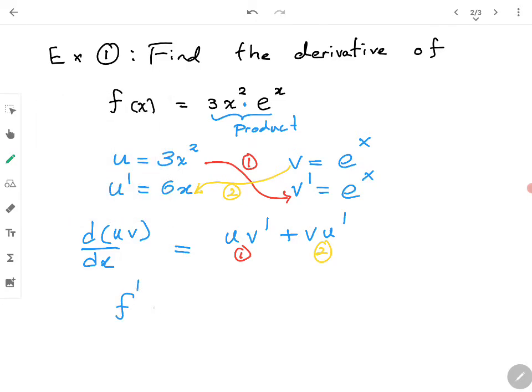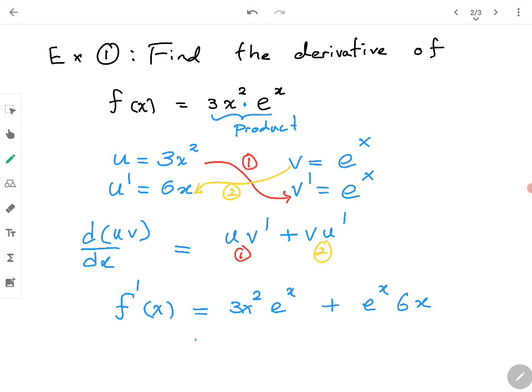So f prime of x is equal to the first term, u times v prime, which is 3x squared times e to the x, plus v times u prime, the second term. So v is e to the x, u prime is 6x.